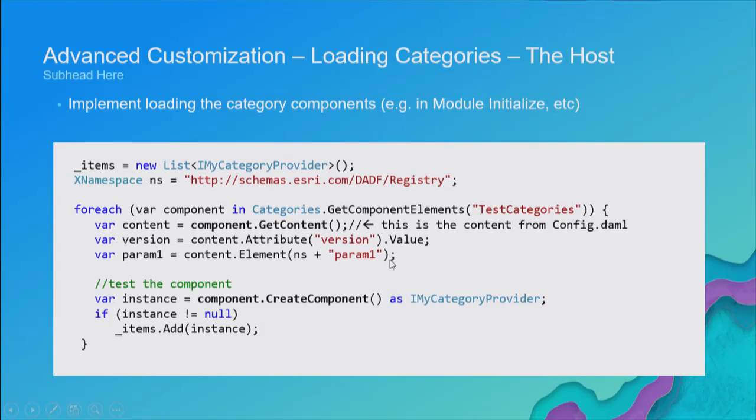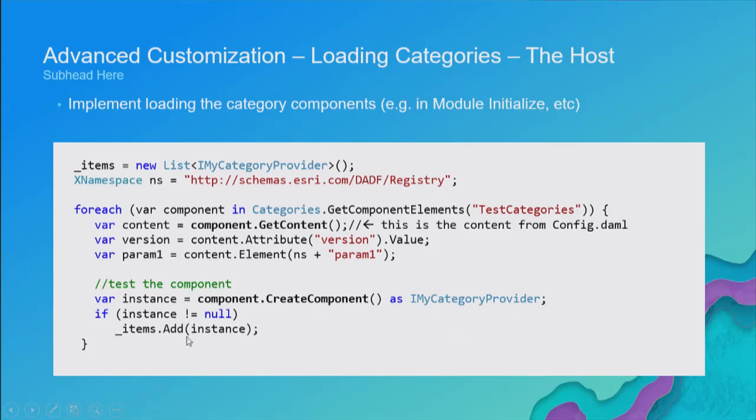What happens if they don't have a version or name or whatever? It's up to me. I throw an exception. I log it, whatever I do. You know, my rules. I'm the host. Here I instantiate the actual component instance, and I want to check it for the presence of my category provider interface.